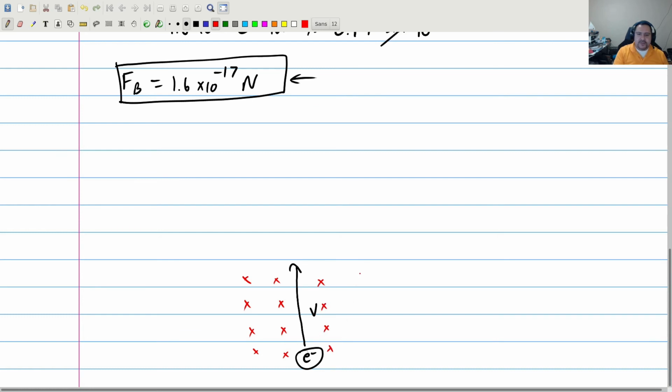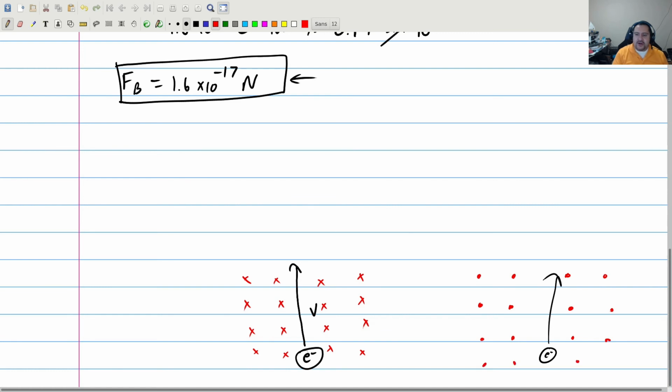So this is one possible magnetic field arrangement. And the other possible magnetic field arrangement is the same sort of thing: here's our electron going this way, but instead, the magnetic field is directed out of the page. So when I take my magnet and turn it around, the magnetic field is directed out of the page instead of into the page.